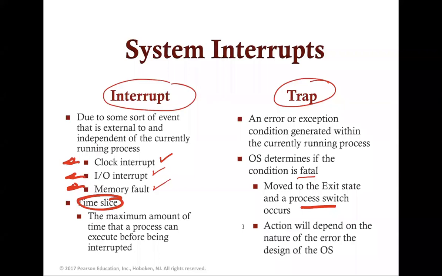And if it's not fatal, then the action of the operating system will depend on the nature of the error and the design of the operating system. It may attempt some recovery procedure, or simply notify the user of such a fault and such error, and it may do a process switch or resume the currently running process. So it depends on the operating system decision, if it's a fatal condition versus if it's not a fatal condition.